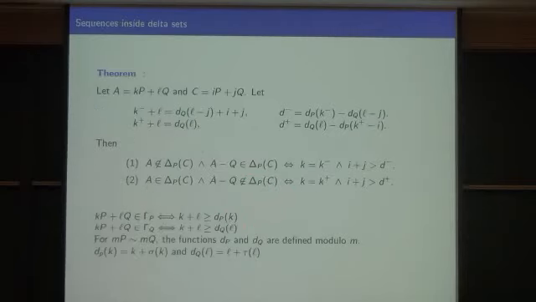Now the theorem here, it looks complicated. Well, it is complicated. So if A is given as Kp plus Lq, and C is IP plus JQ, then we have these numbers here, right? The important thing is what is DQ and DP. Right?